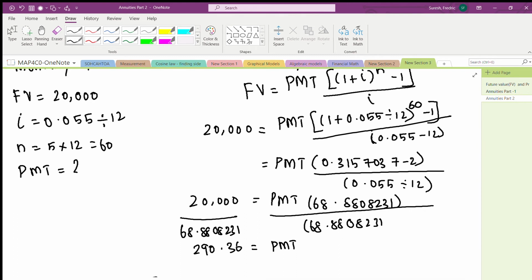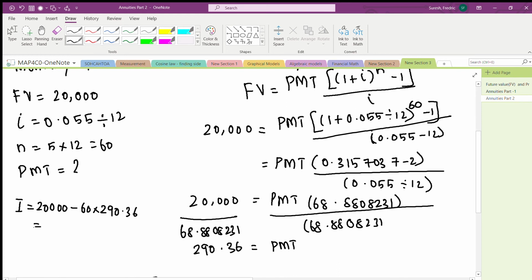How much extra money did she make? So let's say the interest I equals the money she received, $20,000, minus the payments she made for 60 months, which is 290.36.